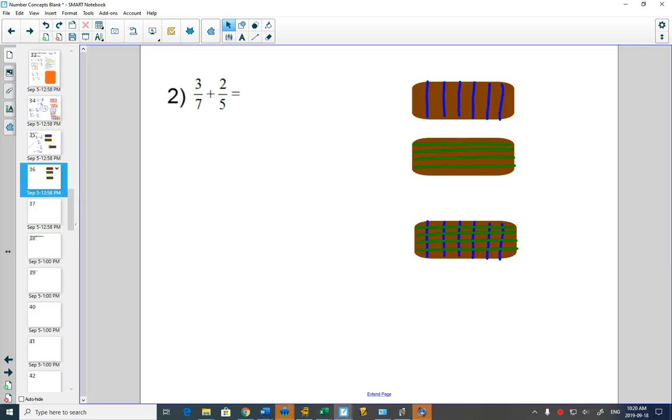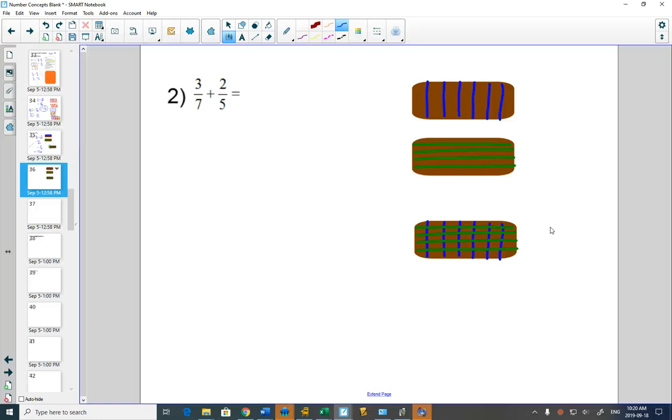And again, our times table comes in, right? Because 5 this way, 7 this way, that's going to be 7 times 5. You can always find a common denominator by multiplying the bottom two numbers. It's not always the lowest common denominator, but it will work.